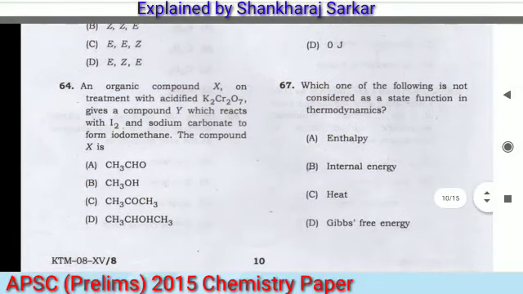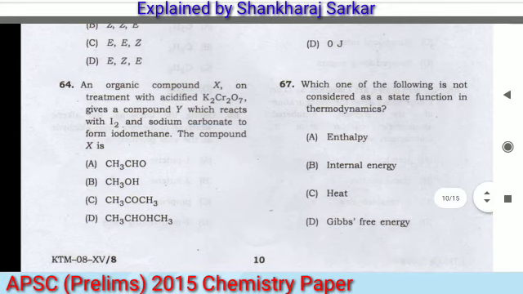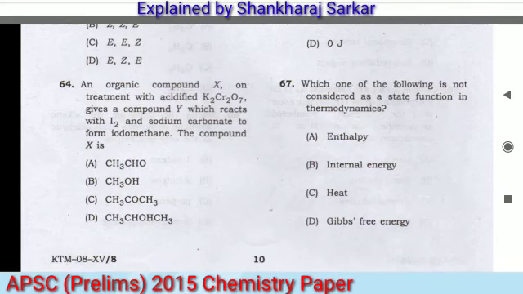Next question, an organic compound X on treatment with acidified K2Cr2O7 gives a compound Y which reacts with I2 and sodium carbonate to form iodomethane. The compound X is, okay, here is a correction. The compound which is formed after treatment with iodine and sodium carbonate should be triiodomethane, because this reagent is used for iodoform reaction.